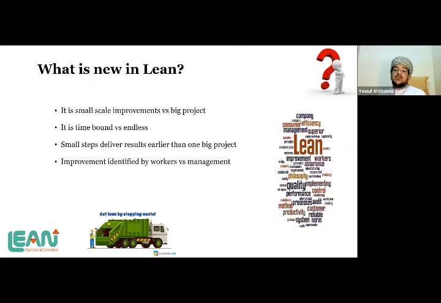The fourth point, which is new in lean as well and could also be available in other quality initiatives, is that improvement is identified by workers. Okay, who are these workers? They are the process owners in the lab, technicians, and the people who are doing or processing cases. The improvements, solutions or proposed countermeasures will be proposed by them.